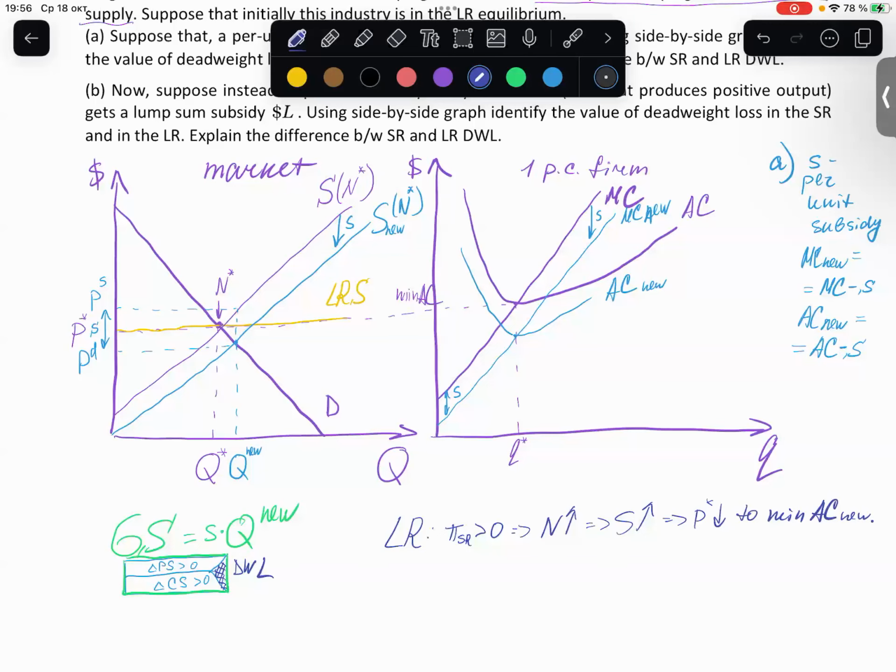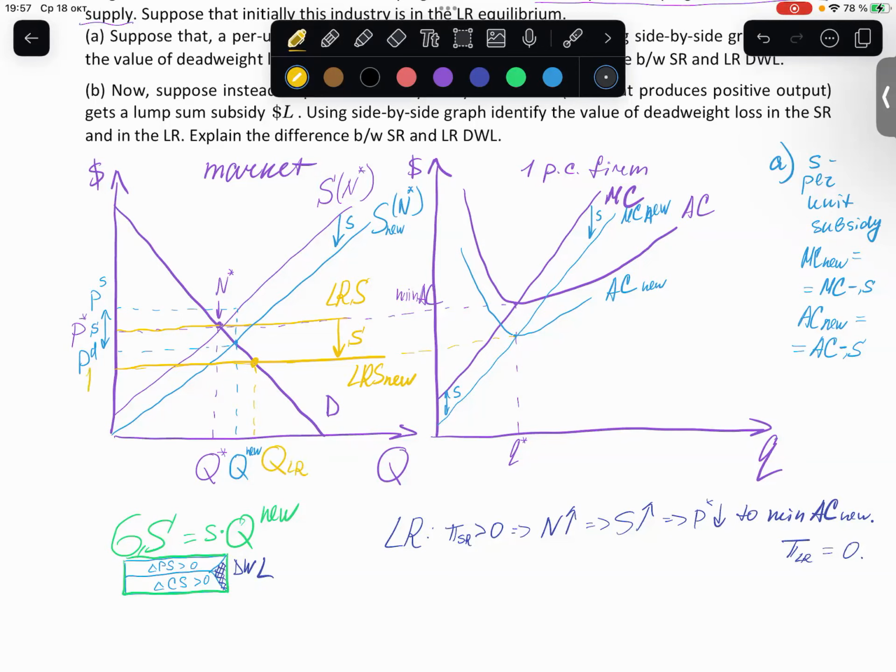And here, the profit of each firm in the new long run will be equal to 0. One more time. So in the long run supply shifts down. This is the new long run supply. This difference is the subsidy. We know that at this point, more units will be sold. This is Q in the long run.